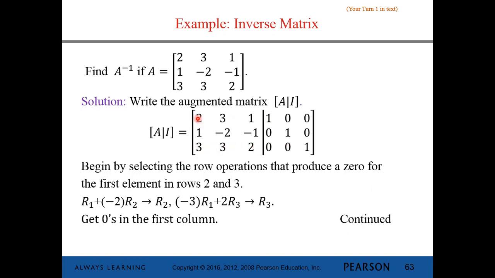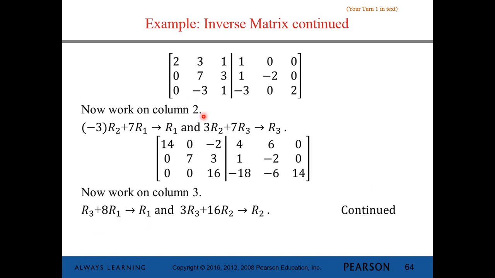So we're going to get -6 and +6 here, and those are going to go away. We're going to go all the way across with our multiplication, and then add, and replace row 3 with the results. So we get zeros in the first column except for this one, which will be a 2. So this is what we end up with.